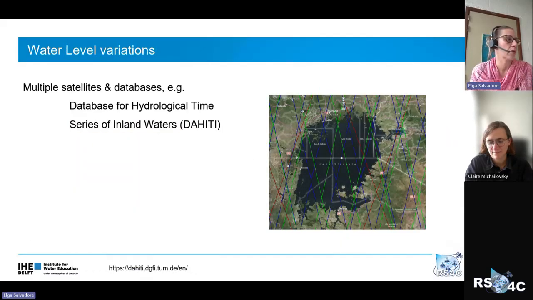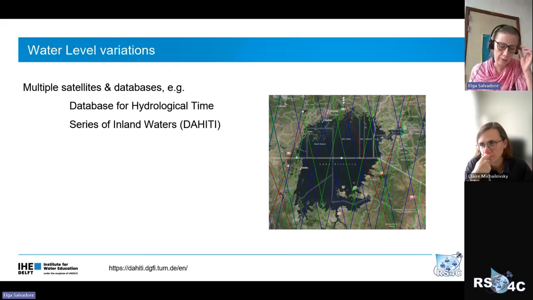The same you can also do looking at water level variations. And one database which is very nice is DAHITI, the Database for Hydrological Time Series of Inland Waters. And therefore, for a number of water bodies, both lakes and large rivers, in some locations you can obtain the water level elevations.